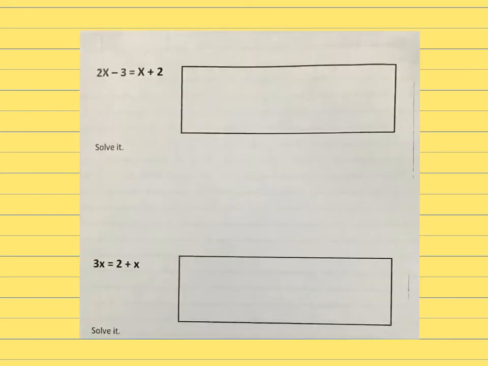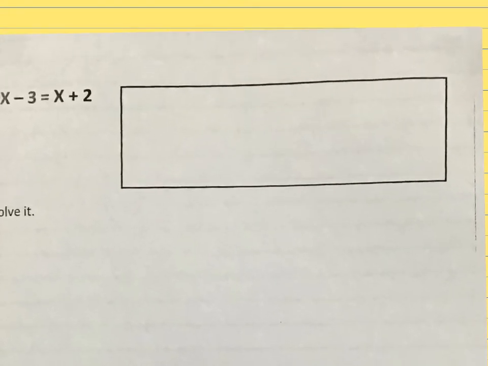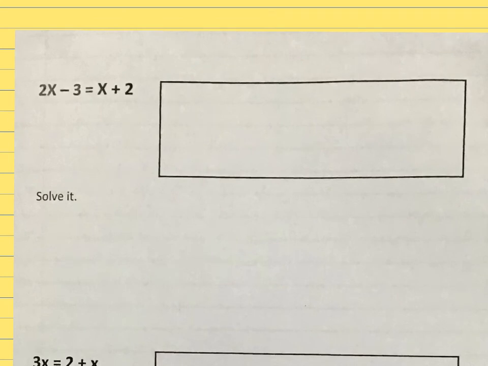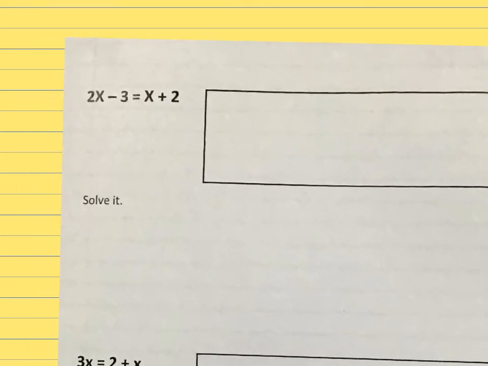So on this last one, I'm also going to ask you to skip one of them. We're going to skip the bottom one this time. So I'm just going to zoom into the top. The thing that's different about this one is there's a variable and a constant on the left side and a variable and a constant on the right side. So I'm just going to label those. So I have a variable right here.